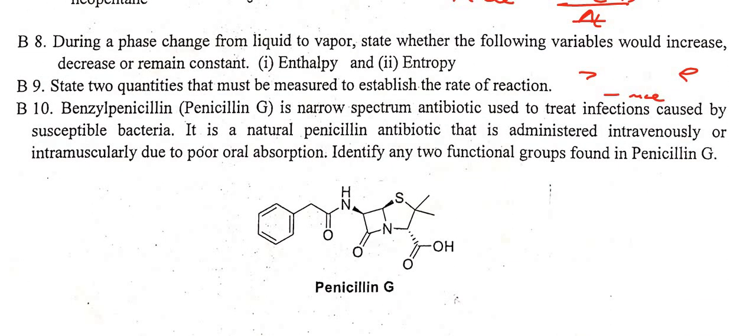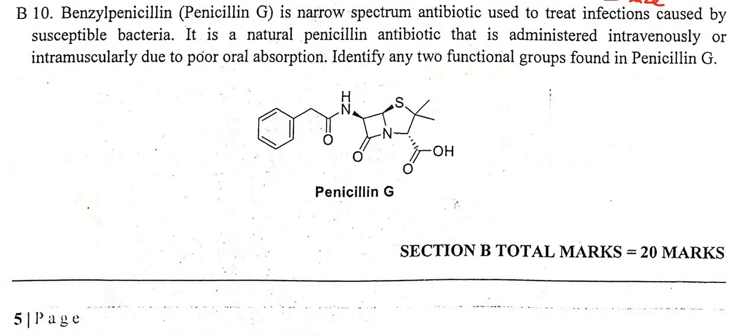Sure. Okay, so number 10, they're saying this is a narrow spectrum antibiotic, penicillin, an antibiotic used to treat infections caused by susceptible bacteria. It is a natural penicillin antibiotic. They just want us to identify two functional groups that you can see in the structure, right? Yeah, so which functional groups can you see here?